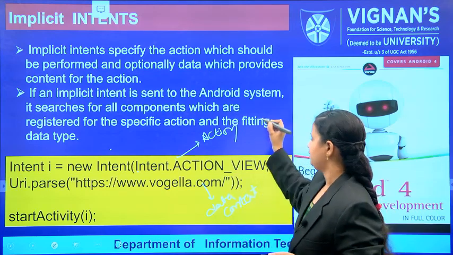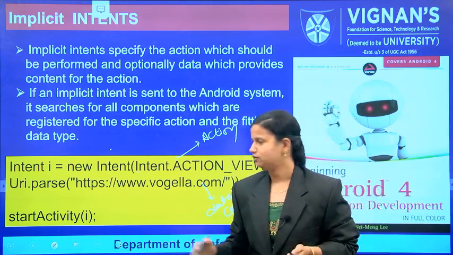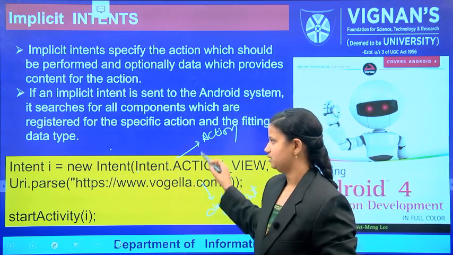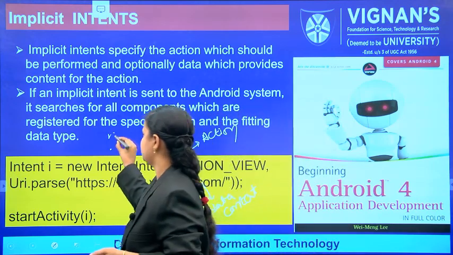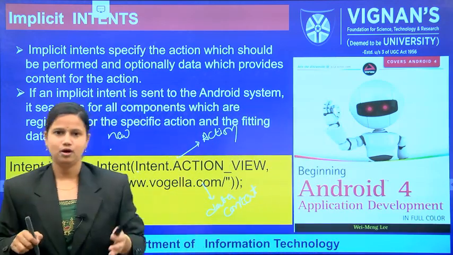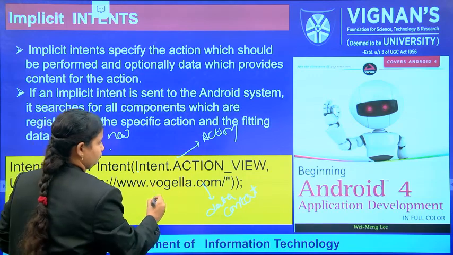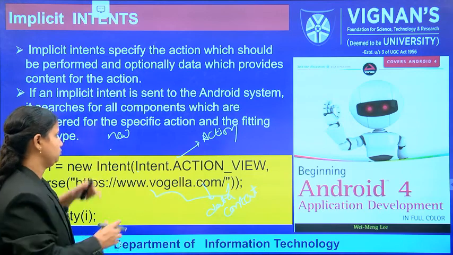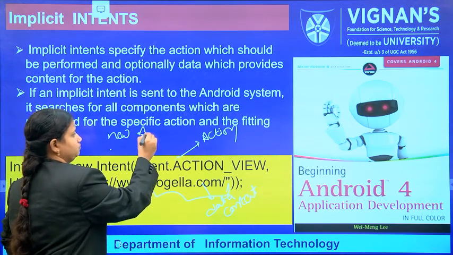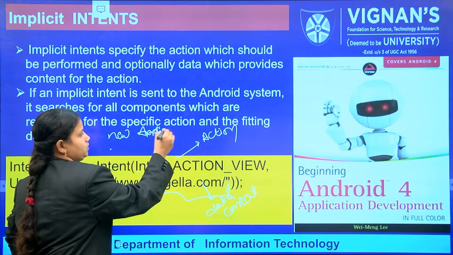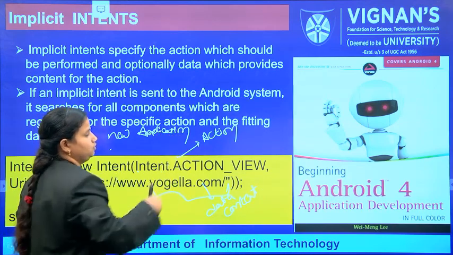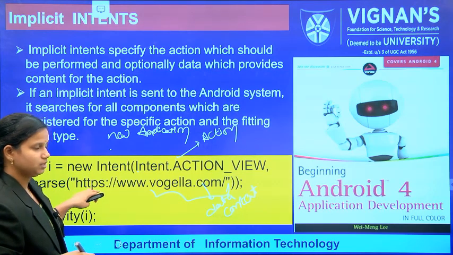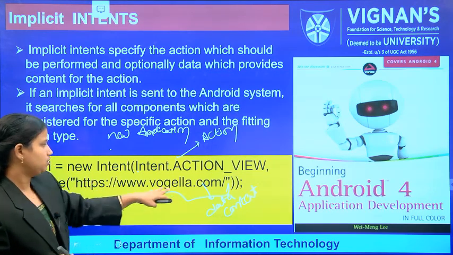Here you are using an intent. This is a new application, and from this new application you have to go to some website. You have already created a new application, and from it you have to move to an already available application, like www.volgo.com.